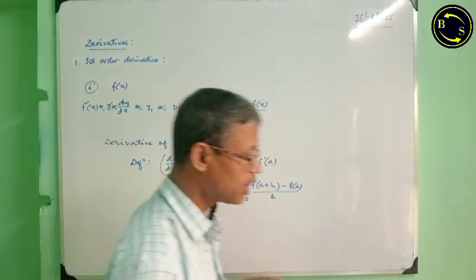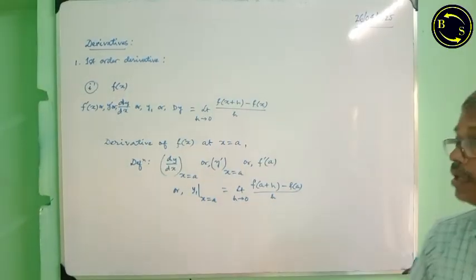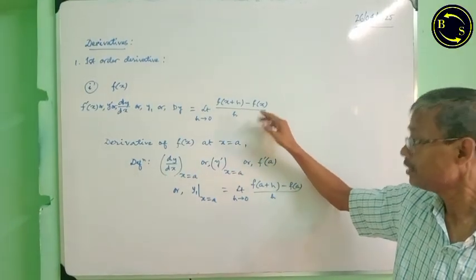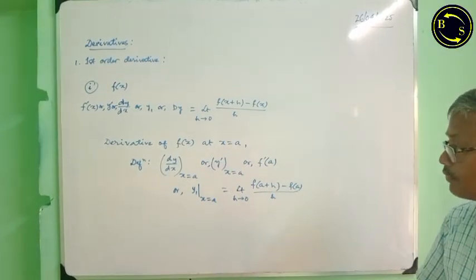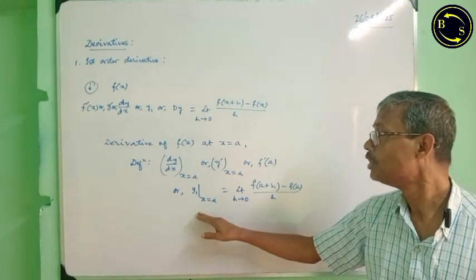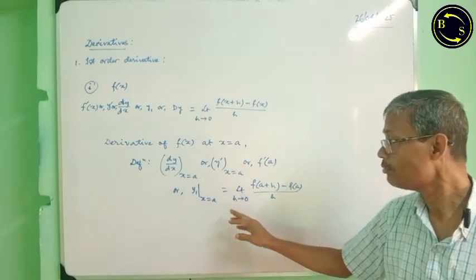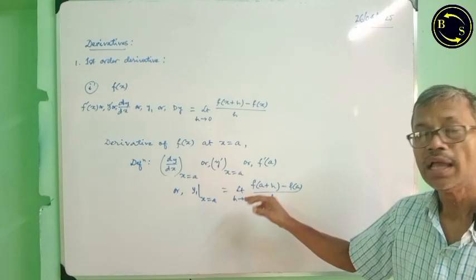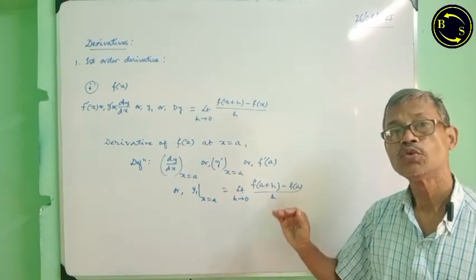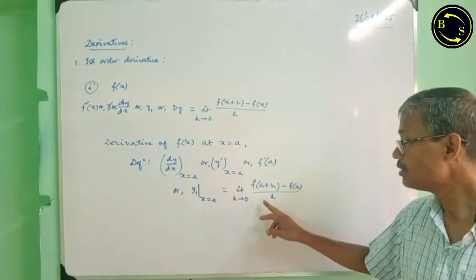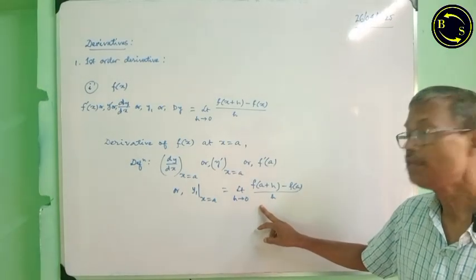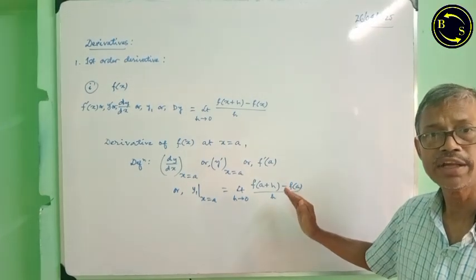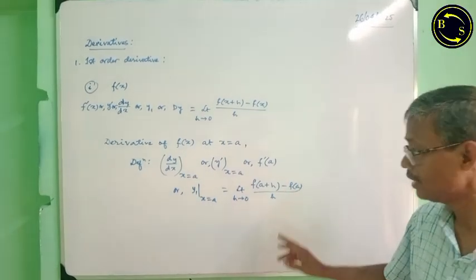I think you have noted in both cases, derivatives at a certain point or derivative at any point x, both are limits. Therefore, the existence of the derivative at a certain point depends on the limiting value of this, and according to the concept of limits, this limit will exist if left hand limit, right hand limit both exist and finite and both be equal.